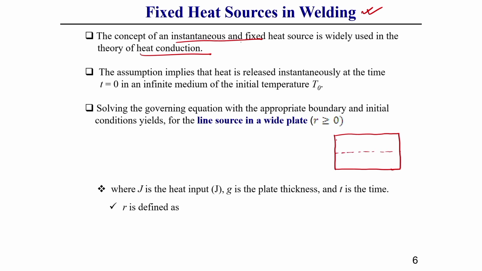This fixed heat source can be categorized into two types in the analytical model based on this governing equation. One is called the point heat source, and the second one is called the line heat source.